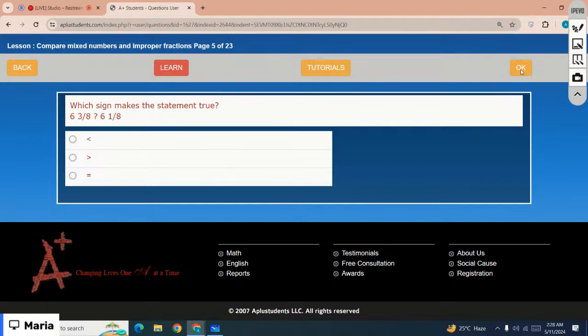That is 6 whole 3 by 8 is greater than 6 whole 1 over 8, right? The correct option is greater. Greater it is.